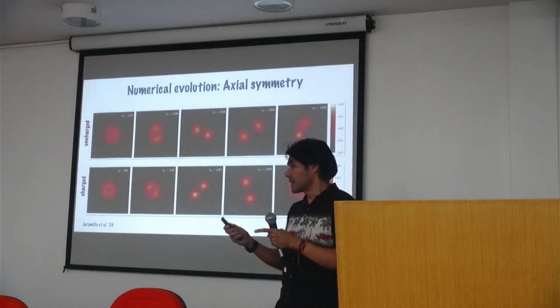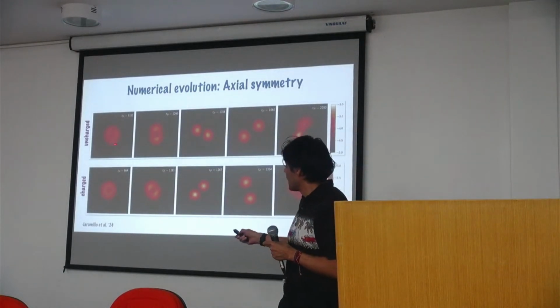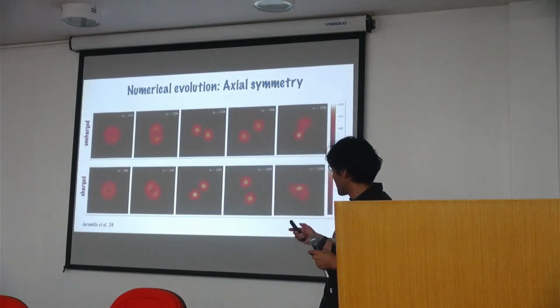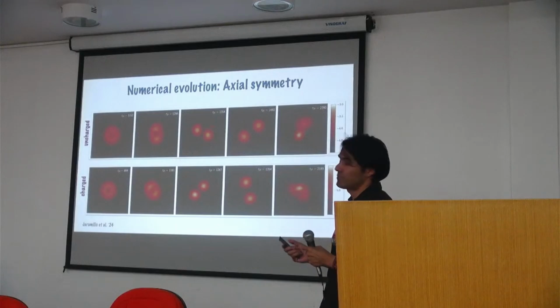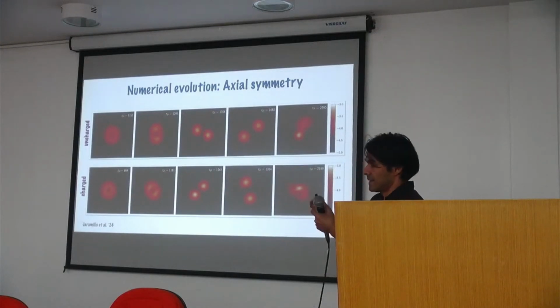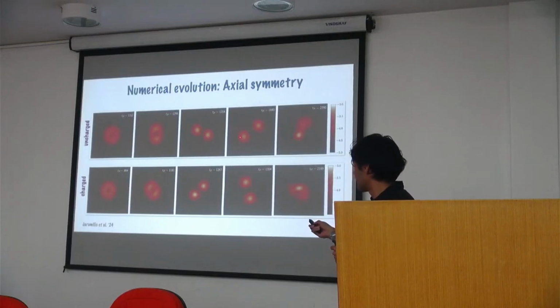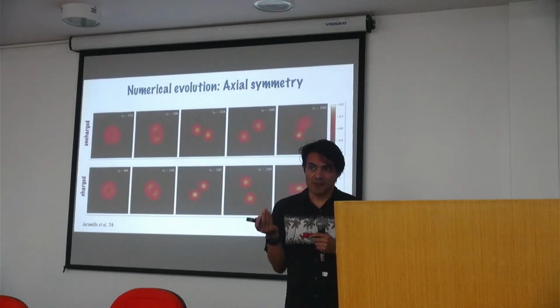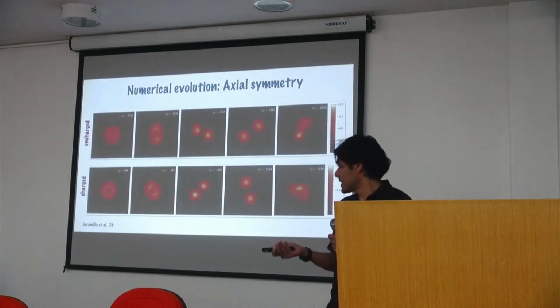The stars are like this, and then they start to have this bar instability. They separate in two kinds of stars. These stars emit gravitational waves, this little bubble of stars or scalar field, and then they merge and collapse to a black hole.